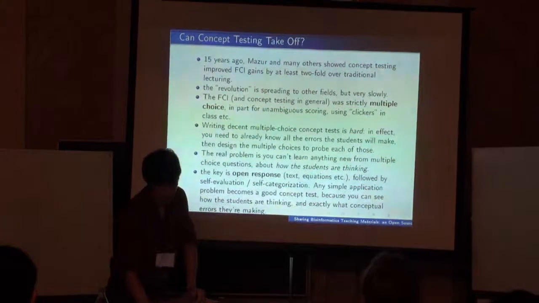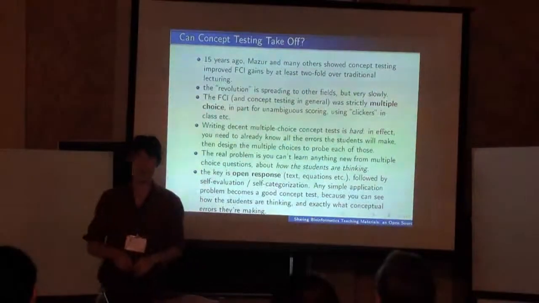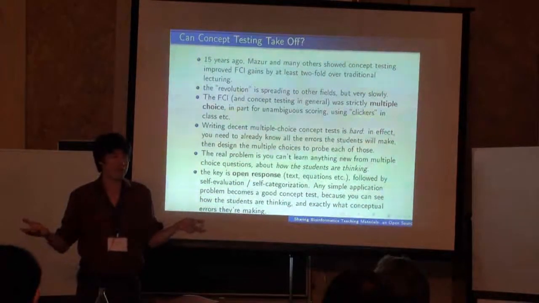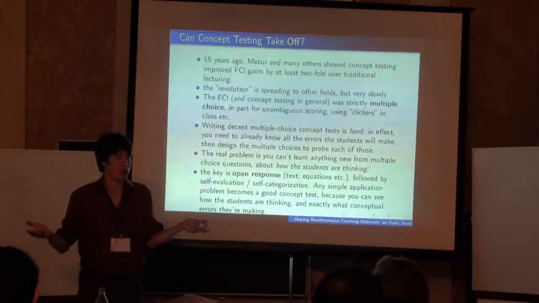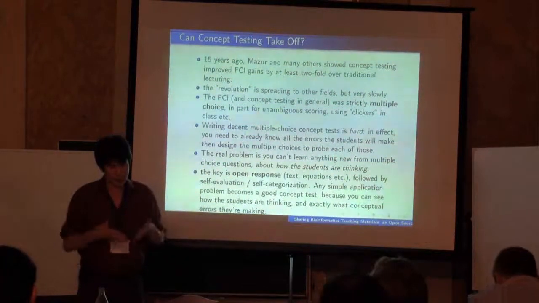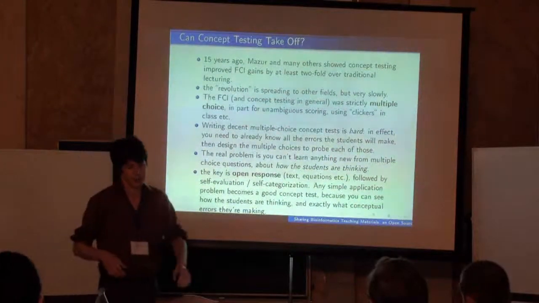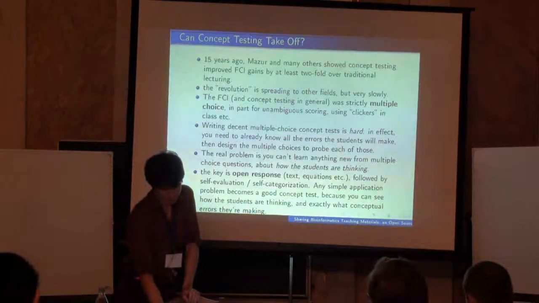And this, in my view, makes the whole idea of concept testing quite easy and scalable. Basically, almost any kind of simple application problem that you can pose, that's focused enough, can become a good concept test, because it will just expose the error models that the students are falling into.